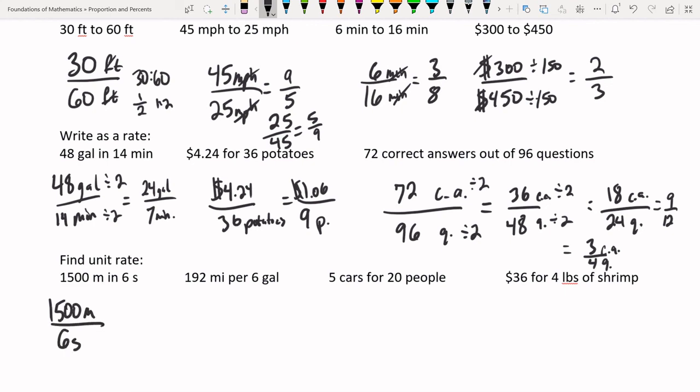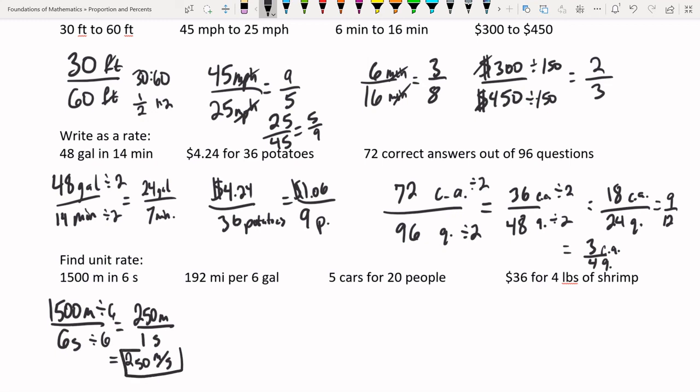This we divide out 6 from top and bottom. And that gives us 250 meters in 1 second, or we could just say 250 meters per second.